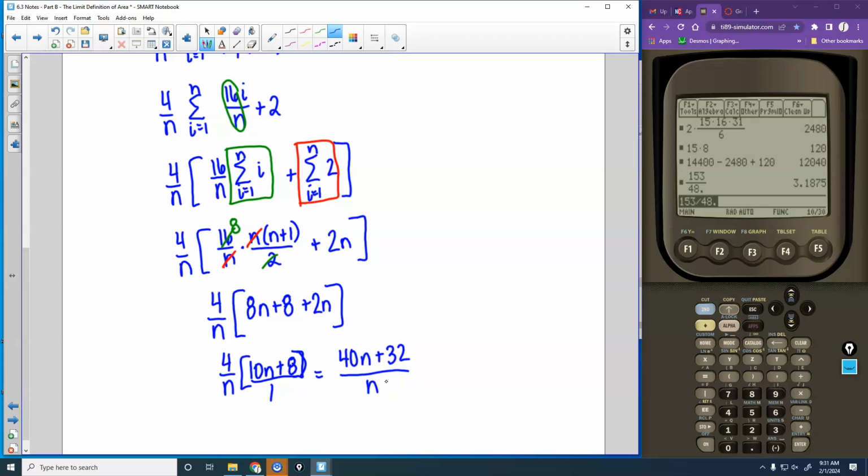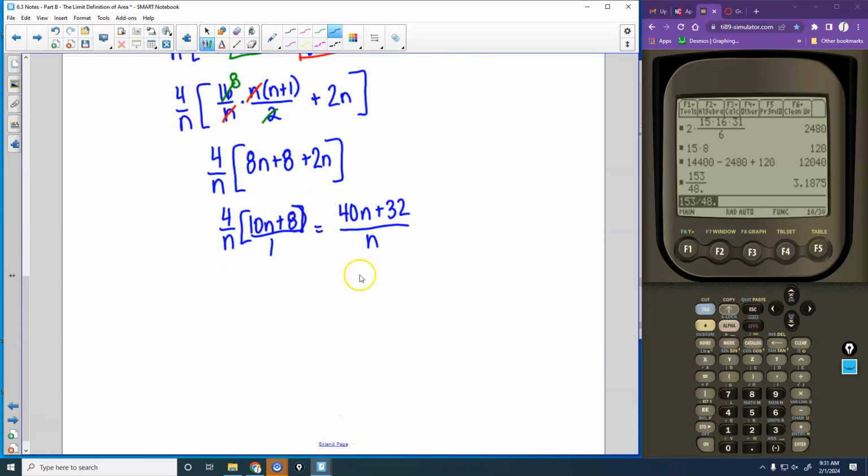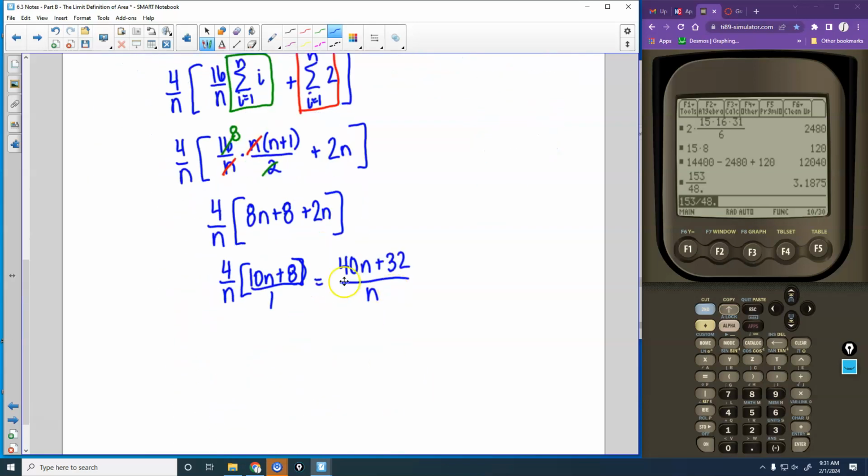Lots of work, right? But it reminds me what in the world we're even doing anymore. What's that n stand for? It's our number of rectangles, which we want to be infinite, right? So this should be my area, right? If I do this problem with 8 rectangles, I could plug in 8.